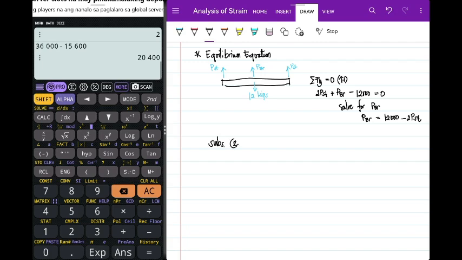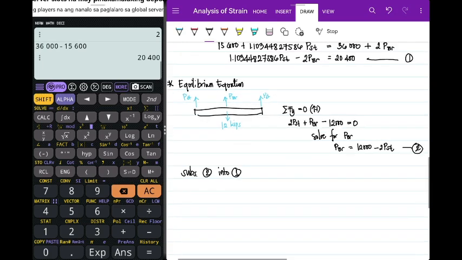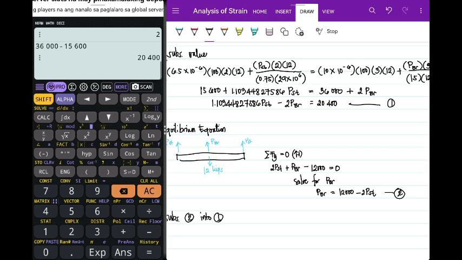So P sub BR from our equilibrium equation is equal to 12,000 minus 2 P sub ST. And then we will be substituting this second equation into our first equation. So I'm just copying our first equation.